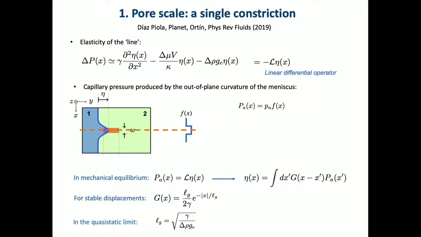Divided by 2 times the surface tension, and this exponential which decays with distance. So this is telling us that the perturbation is maximal here and decays with the coordinate x in both directions, according to this propagator of the perturbation, right?